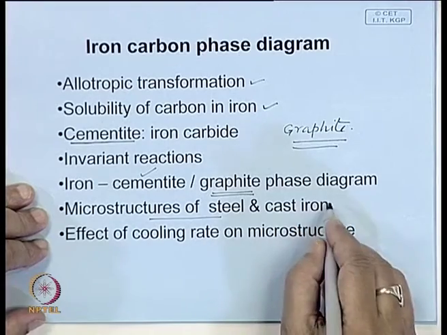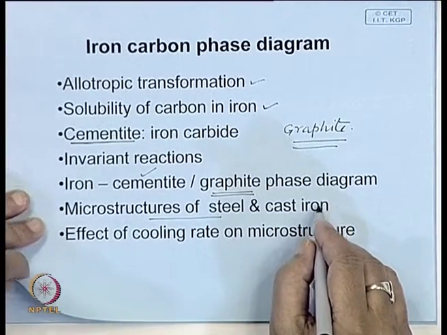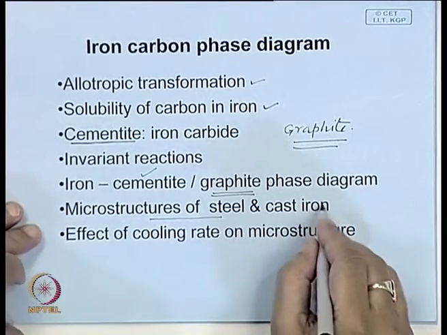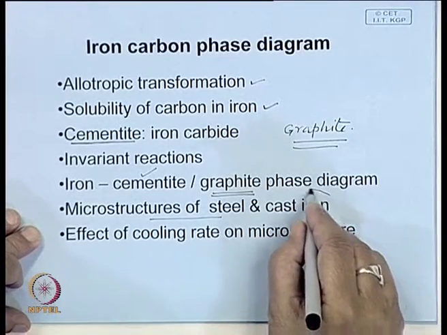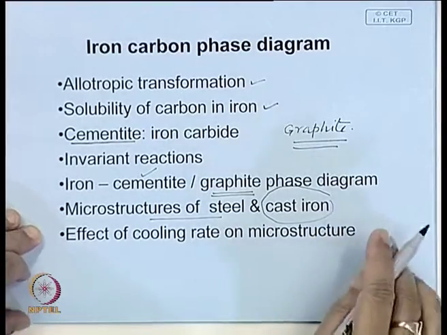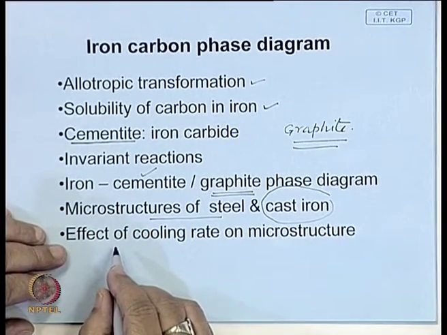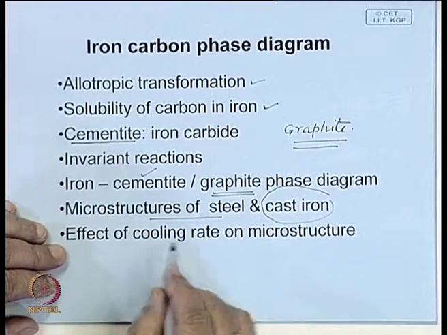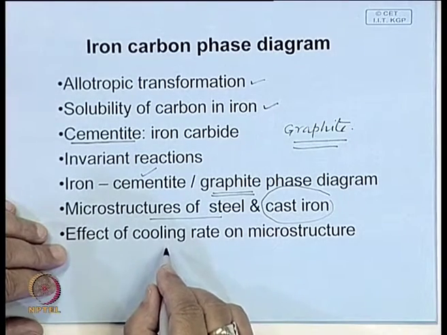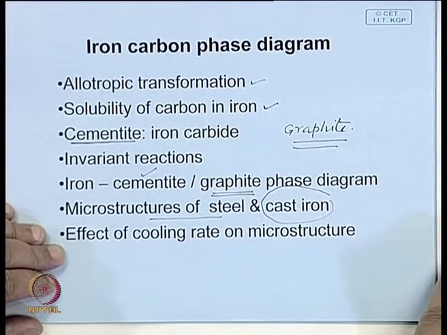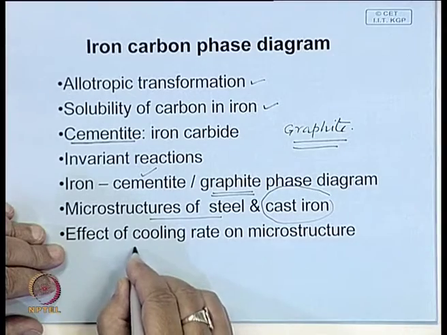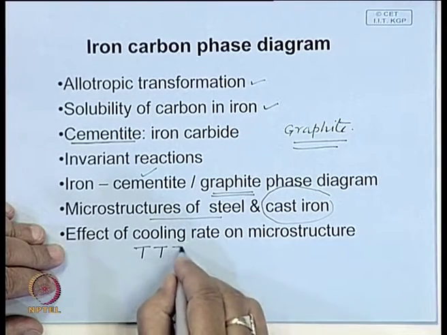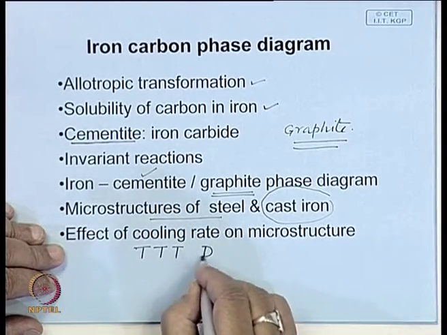Today, we will see what happens if this cementite breaks down into graphite and we get another type of cast iron called grey cast iron. We will look at that, and then we will try to interpret the effect of transformation temperature or cooling rate on the microstructure you get in steel, and introduce a new concept, a new diagram called the time temperature transformation diagram.